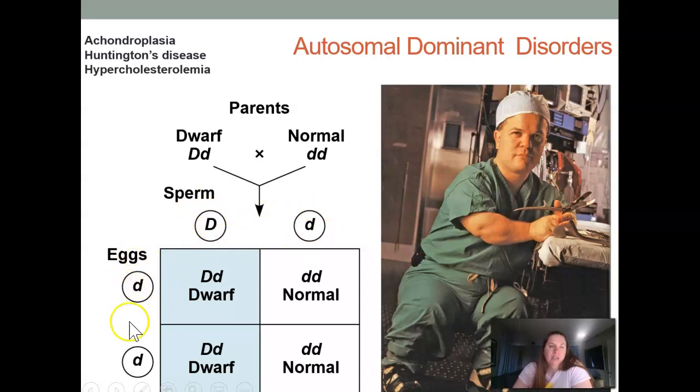And of course, the egg can only contribute the recessive allele because that's all the egg has, the lowercase d's. So when we drag these across, we can see that they have a 50-50 chance of having a child with achondroplasia. They also have a 50-50 chance of having a normal-sized child. So here's one example of how a dominant disorder could work in terms of an inheritance pattern.